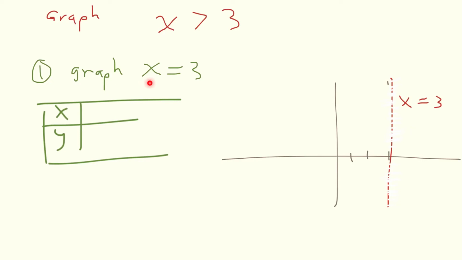But obviously here x is 3, so x does not change. So x is always 3 for any value you choose for y. You choose 2, you choose 1, you choose -5, always x is 3. If you plot these points and connect them, it's a vertical line.